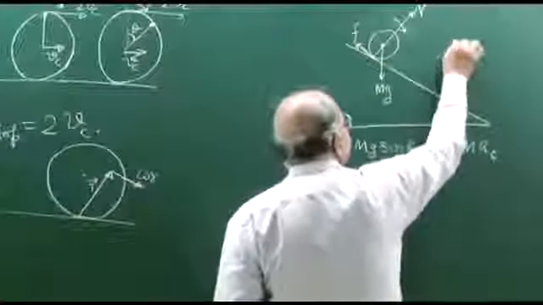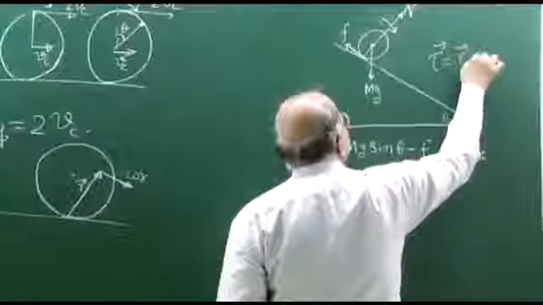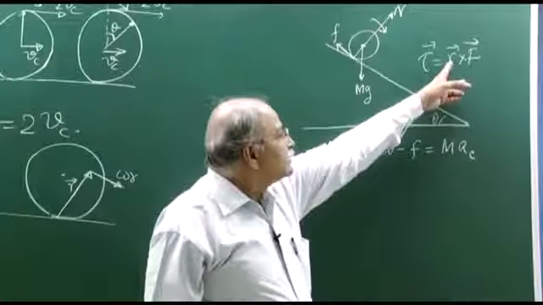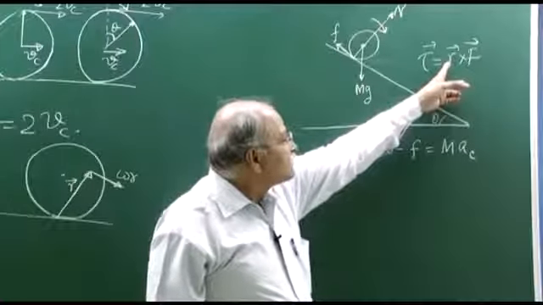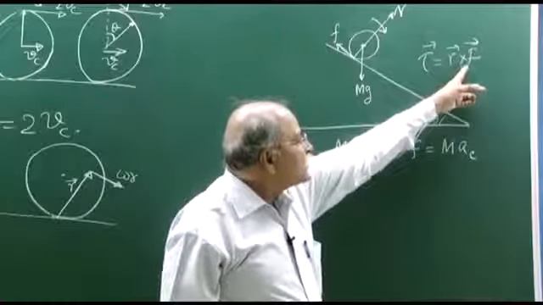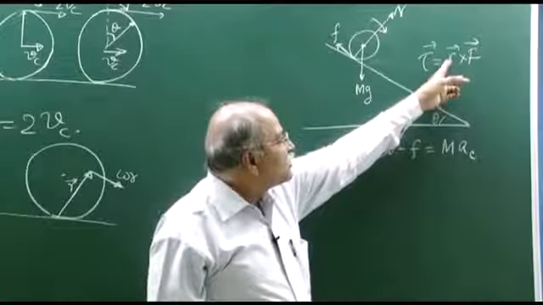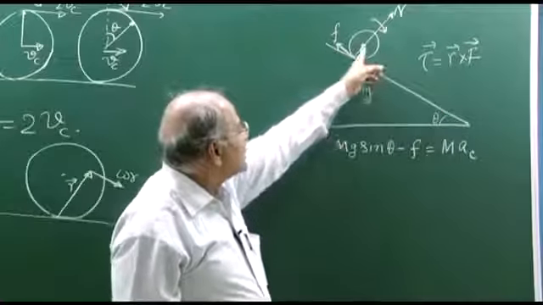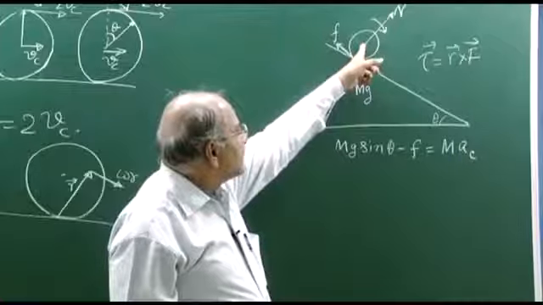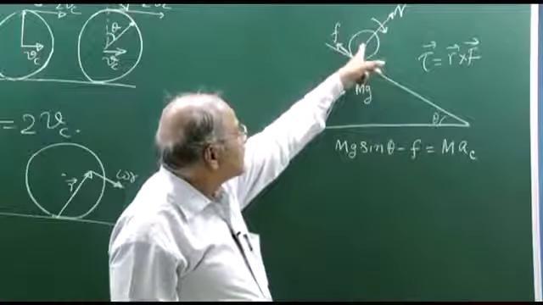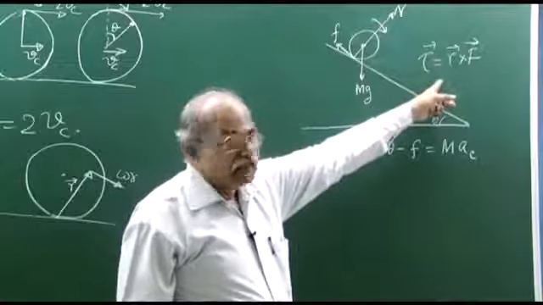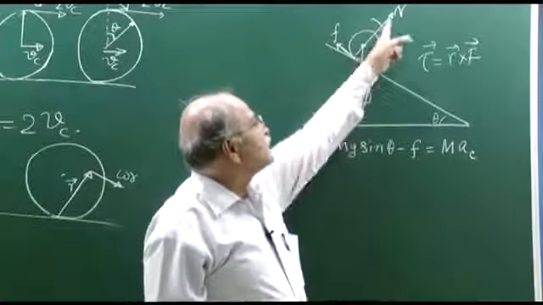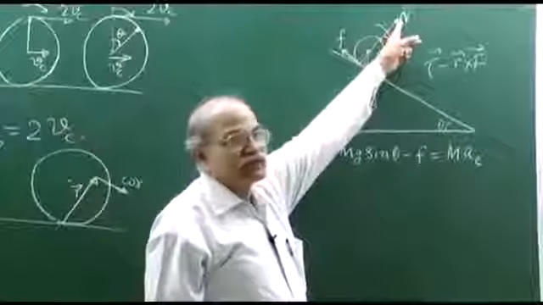The torque is defined as r cross f, where r is the position vector of the point where the force is applied with respect to the point about which the torque is being taken. I am taking the torque about the center, and the force is applied at the center. Therefore r is 0 and the torque is 0, and the same is true for N. So this torque is also 0.